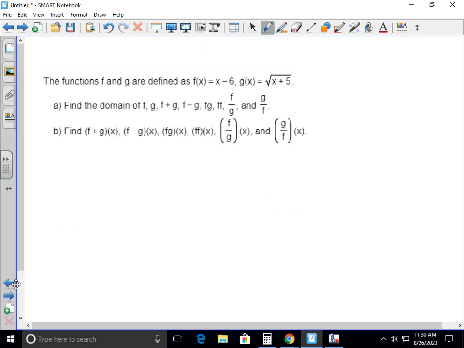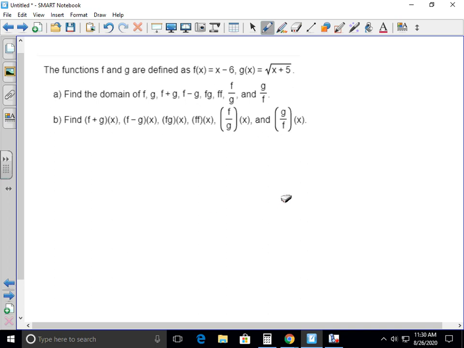All right, so the last problem that we'll work out of 2.2 for homework is this one. Now, if you were to read the book and possibly in the lecture videos for this section, it's going to have you look at the domain for this function and also look at the domain for this function.